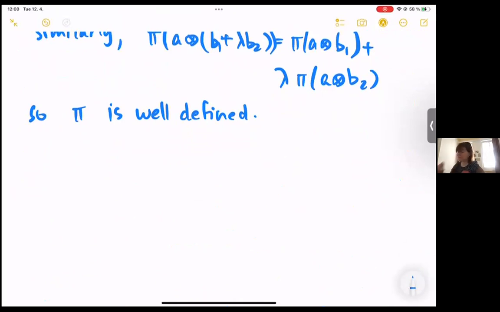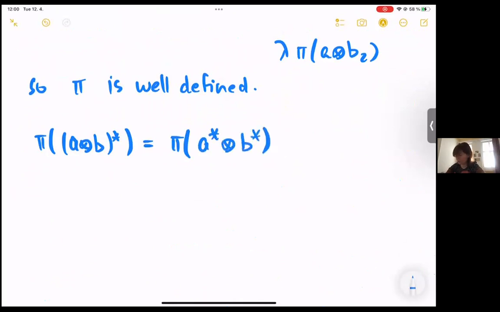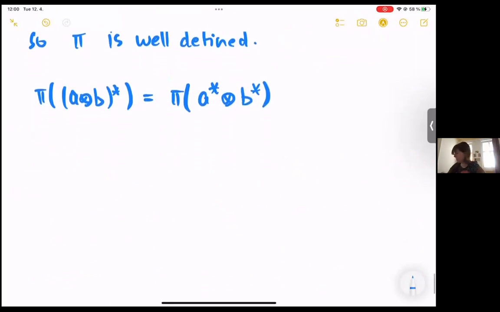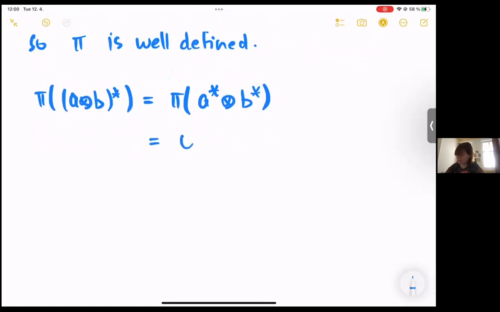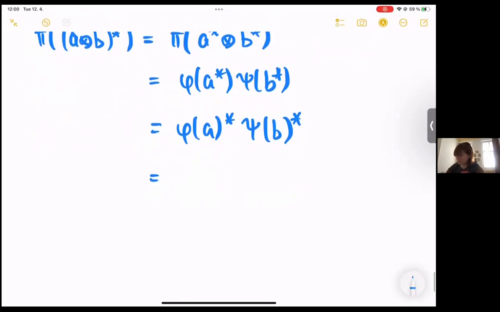That this is multiplicative is, well, let's do the star first. Why would we do this? Essentially just so that you see why we need that the images commute. Okay, so this is by the definition of our star on the tensor product, just pi of A star tensor B star. That's going to be, by definition of pi, phi of A star psi of B star. These are star homomorphisms, so we can move the star outside. And this is where we need that these things commute.